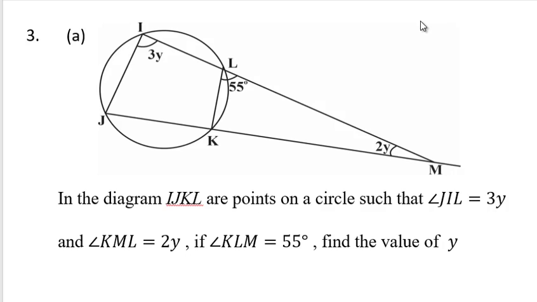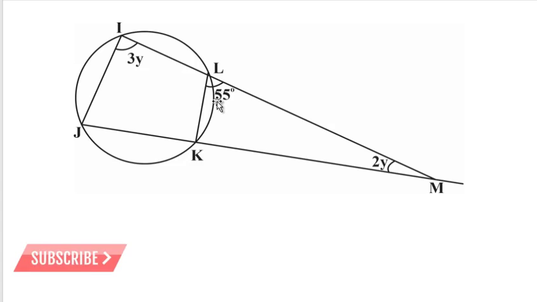So how can we find the value of y? Now let's consider the diagram in question. You have been given the angle at I, that is JIL, to be equal to 3y.